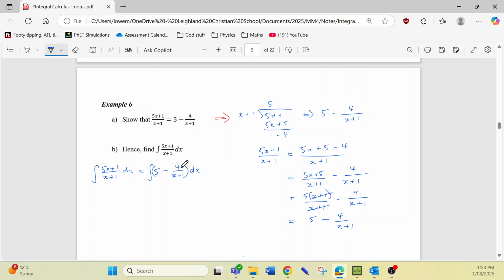And so we've got two separate functions there that we can integrate. So the integral of 5 becomes 5x. And the integral of 4 over x plus 1 is going to give us 4 times the natural log of x plus 1. And that's our result.